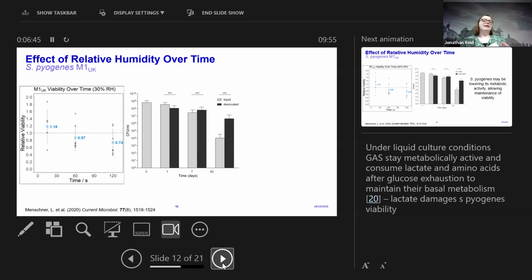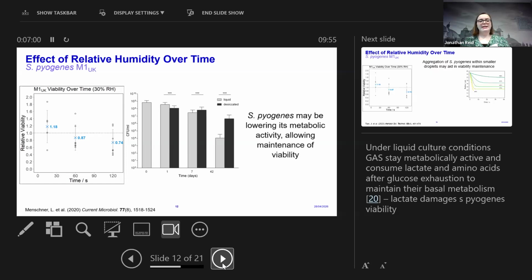It's suggested that in this higher liquid content environment, group A strep maintains its metabolic activity and eventually begins to consume lactate and damages itself. Whereas in desiccated conditions, the strep lowers its metabolic activity and allows for maintenance of viability.